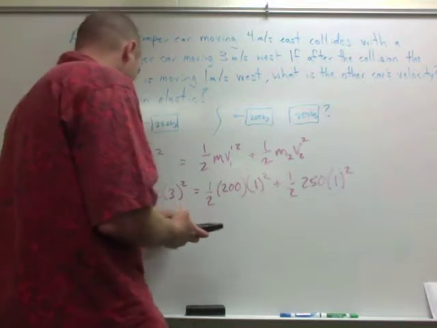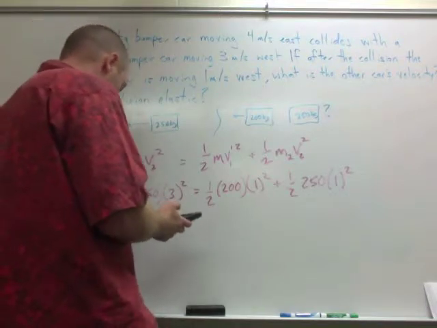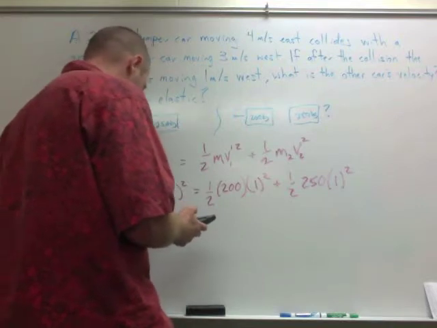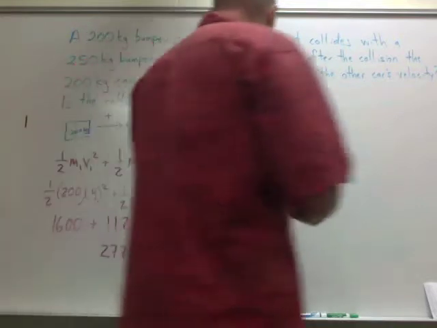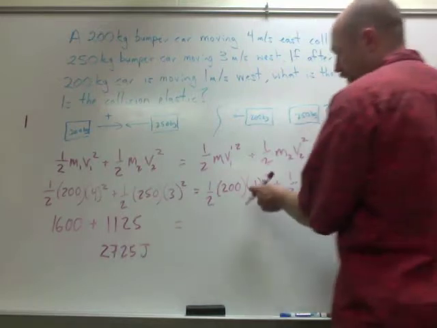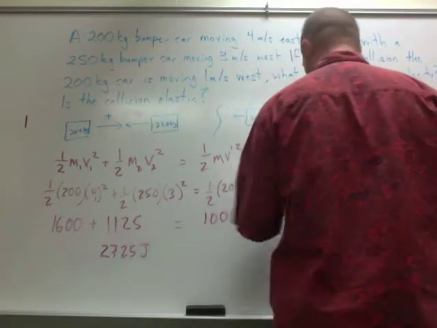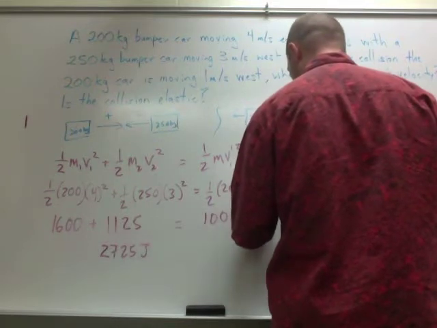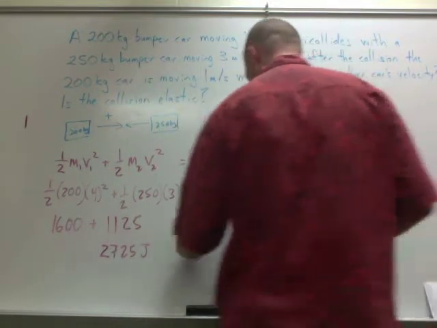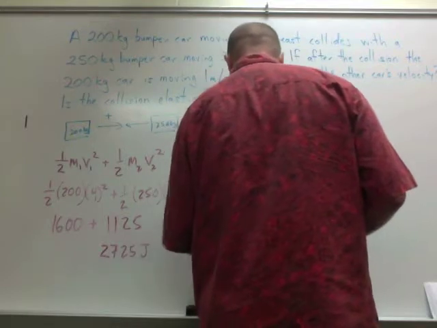So on this side, I get a total of 2,725 joules. On this side, I get 100 plus 125, so 225 joules.